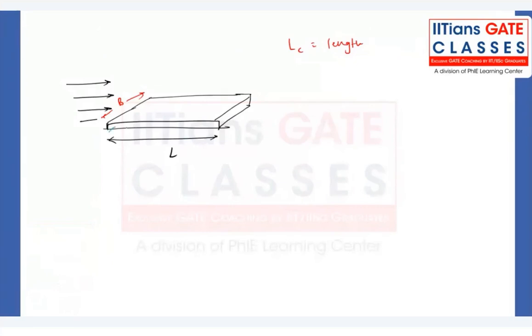The length of the plate. Very good. Because all the variations and important things are happening along the length of the plate. Why? Because the velocity profile keeps on developing from here to here.